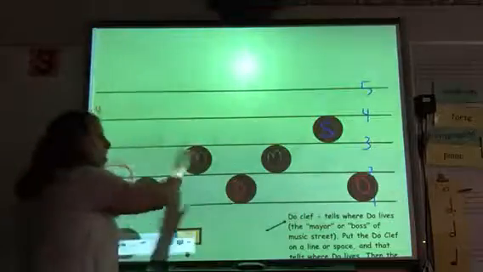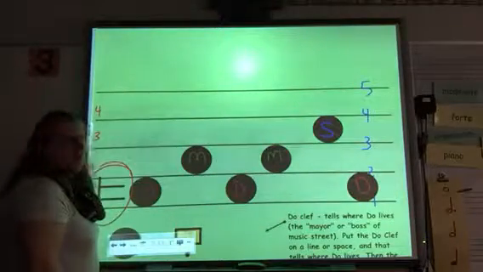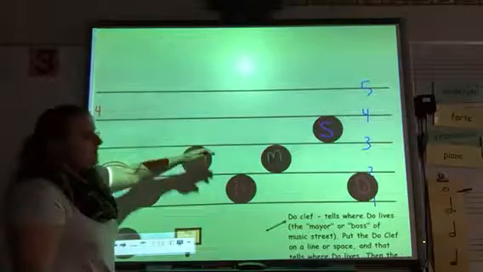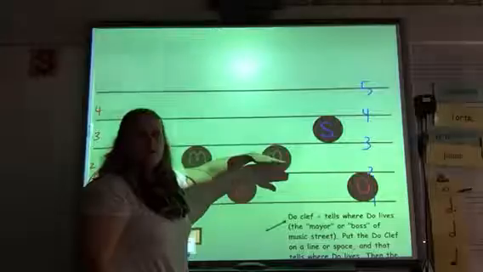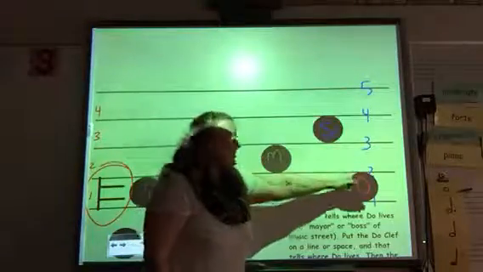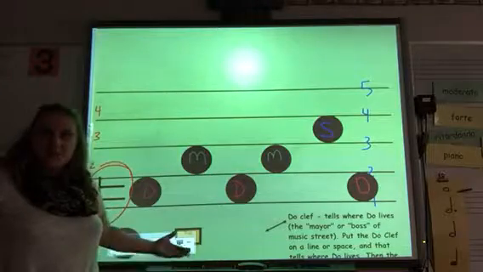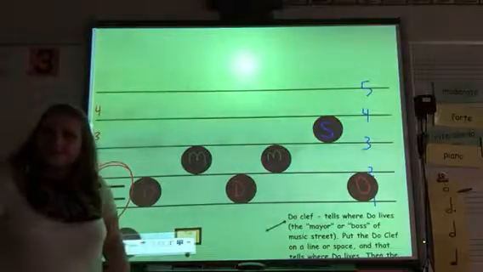And now I have all my pitches in my composition laid out, and I can read this. Do, mi, so, do. Look at that. I just sight read music I'd never seen before. And you can do it too. See you next time.